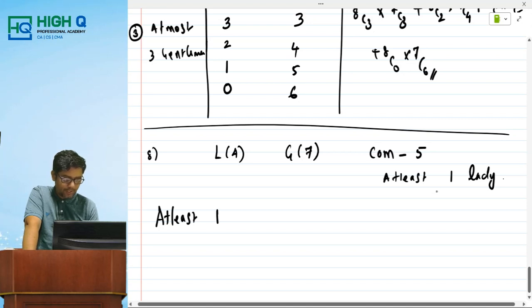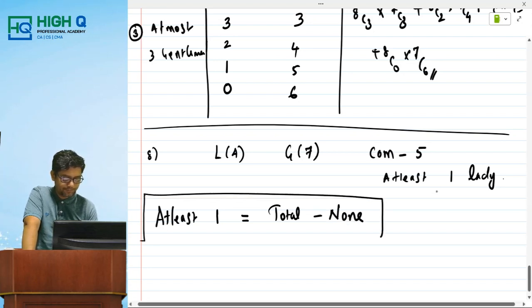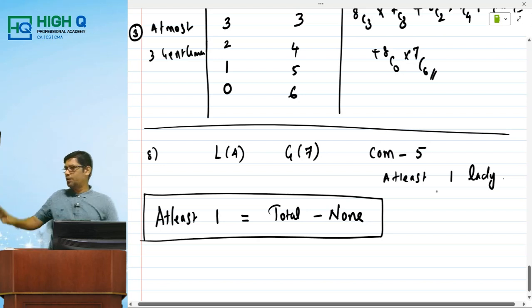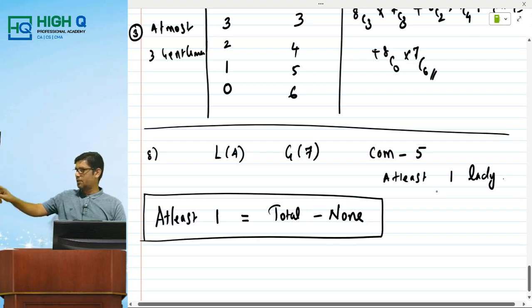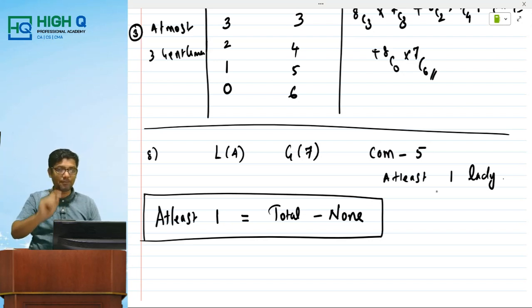At least one is equal to total minus none. This rule you remember. I will do both the methods. Whatever method you did earlier, that method also follow, this method also follow. At least one means total minus none.